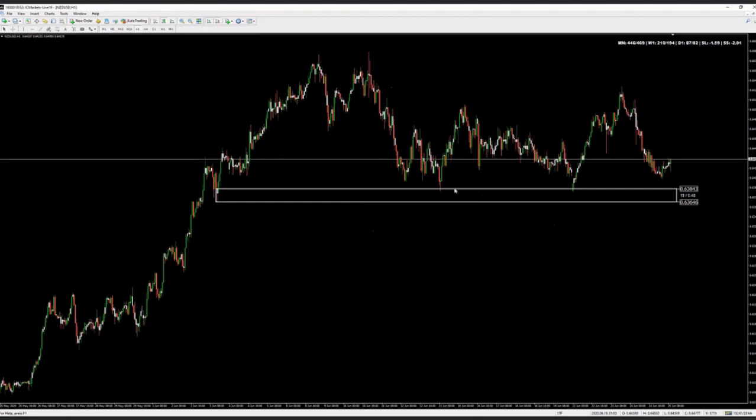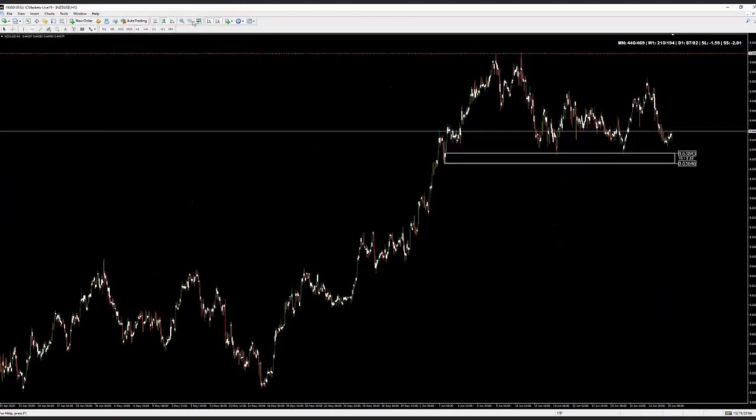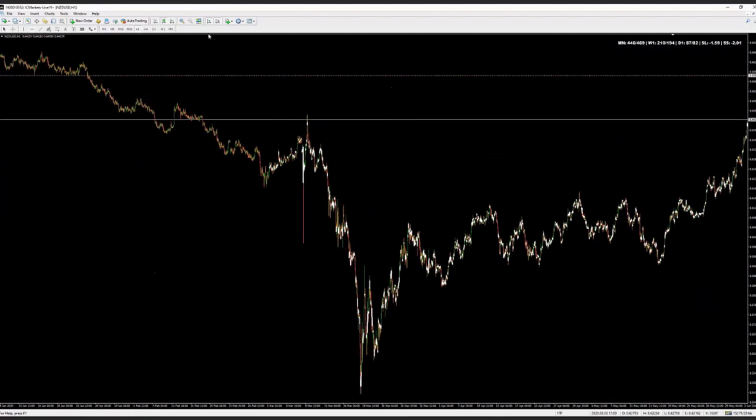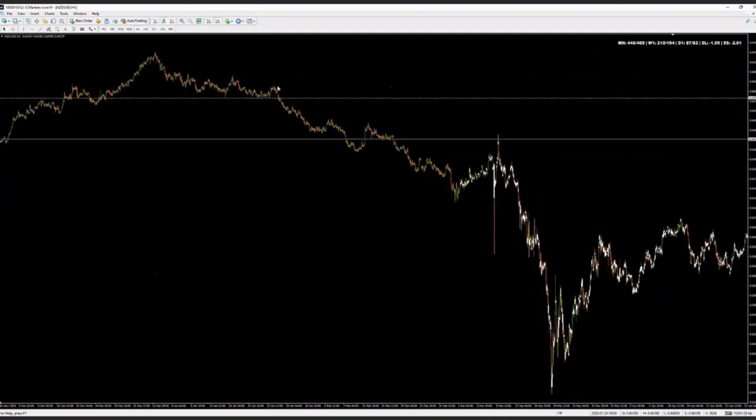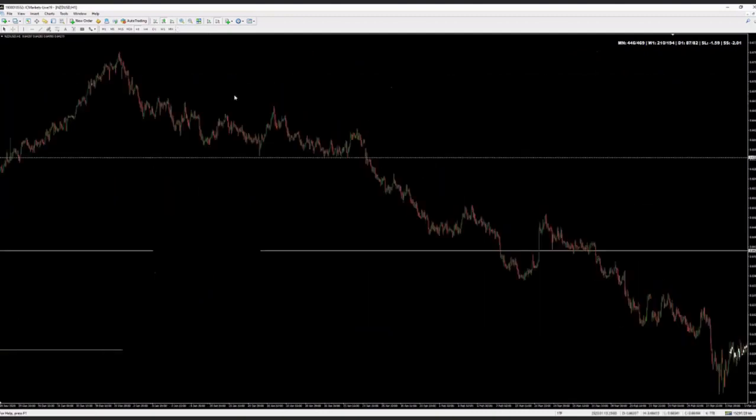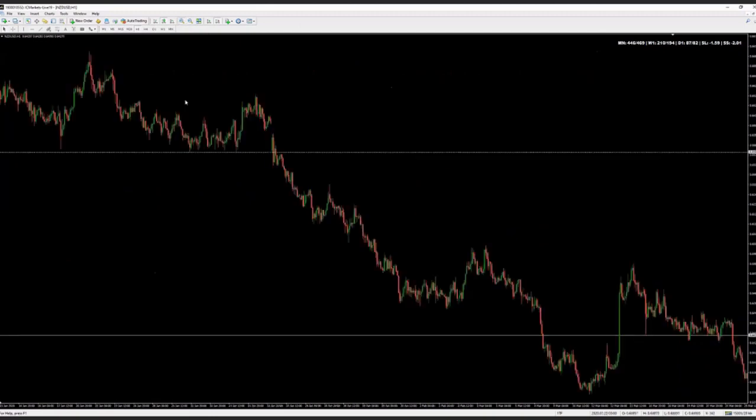You can see it's important because it was tested once, twice, but the price point is still holding. Above price, if we mark off the highs, do an average of them, maybe zoom out, let's have a look. Here we had the exact same thing happen again, sorry for jumping around.